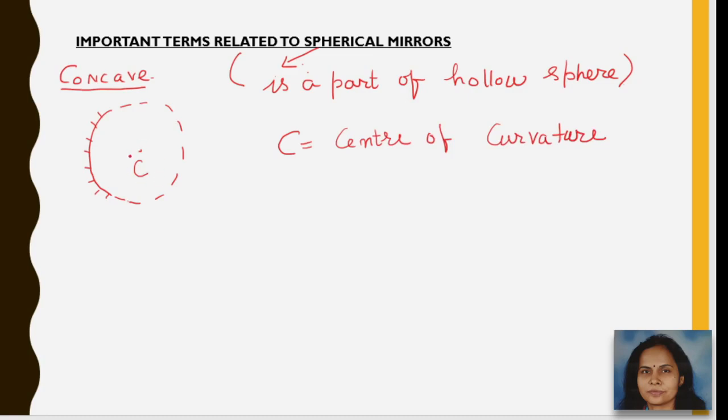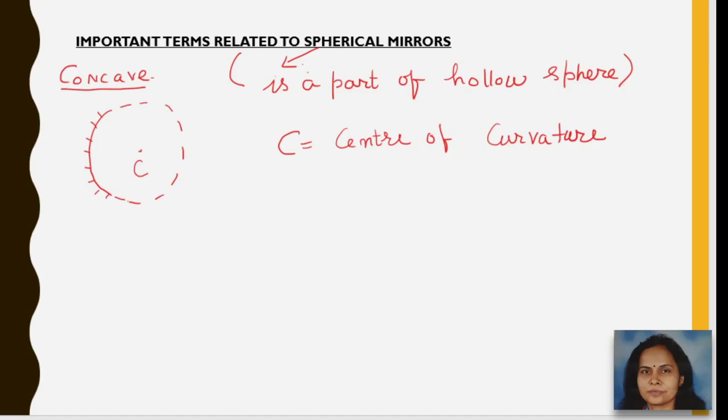Capital C is known as center of curvature. This is the center of the hollow sphere from where you are getting your concave or convex mirror, right? So this C, the center of curvature, is the center of the hollow sphere of which the spherical mirror is a part.